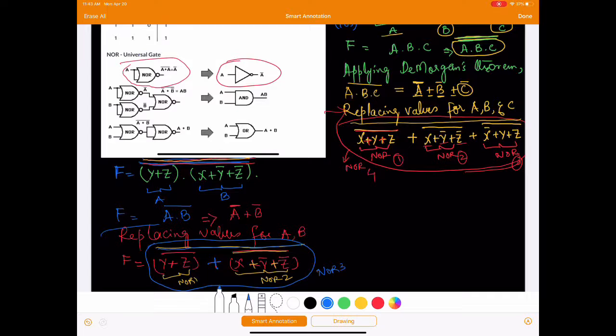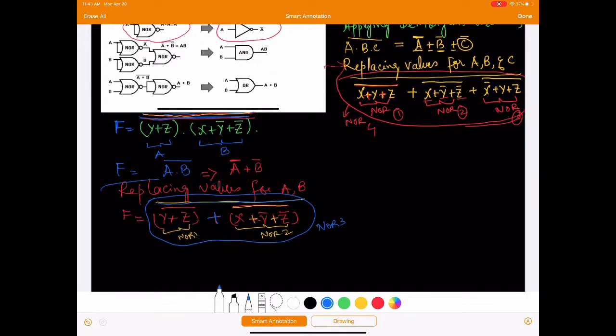All right, let's make a circuit for this now. I'm going to start off with the NOR gate, NOR 1. What are the inputs to that? The inputs are y plus z, so that should be simply y and z. Then I have NOR 2.